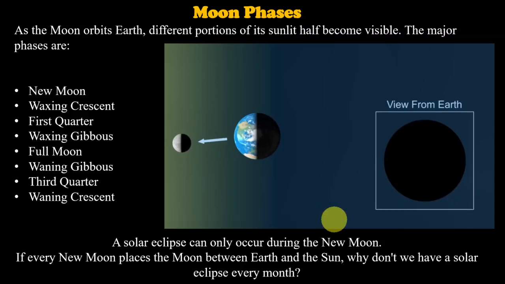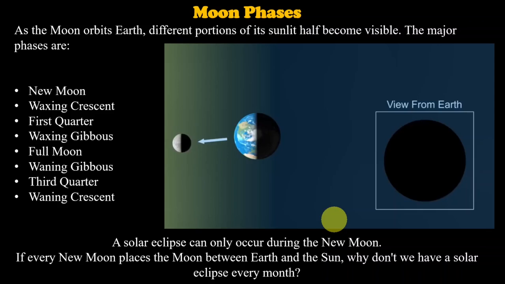But now let me ask you a question. Do we experience solar eclipse every month? And the answer is no. So if we experience a new moon every month and we don't experience total solar eclipse every month, what is happening? Why don't we have a solar eclipse every month?